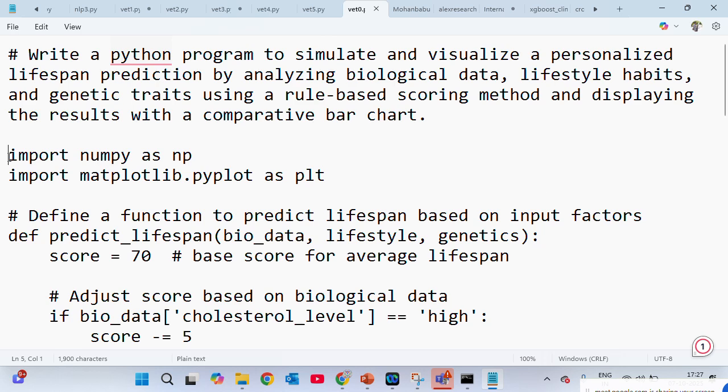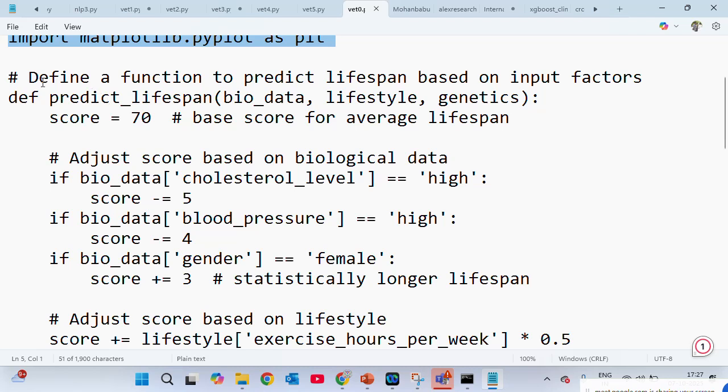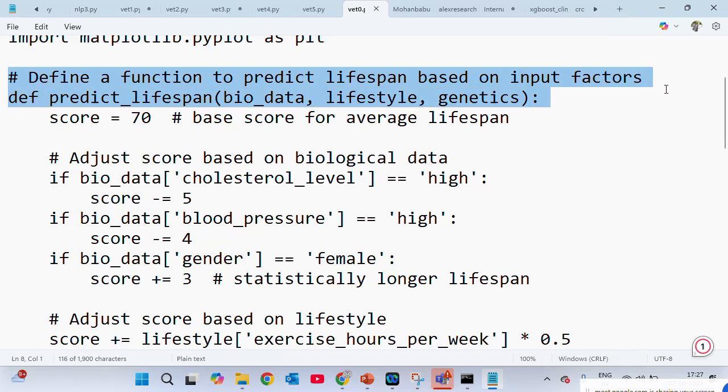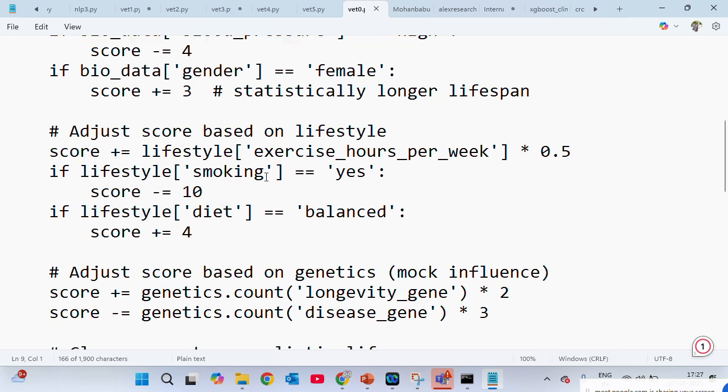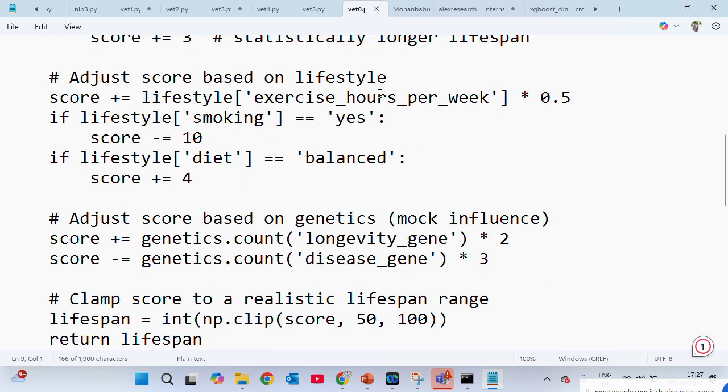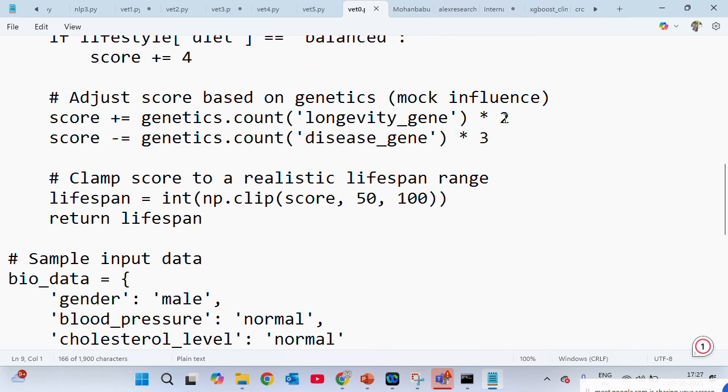So I'm declaring the required libraries, then I'm defining a function to predict lifespan based on input factors, where the average lifespan is 70. Adjust the score based on biological data like height, gender, and so on, adjust the score based on lifestyle, and adjust the score based on genetics, like body mass index, longevity, any diseases.